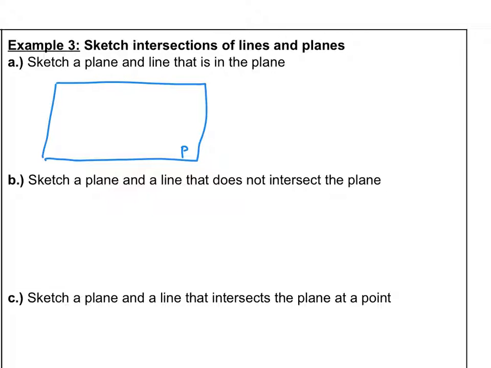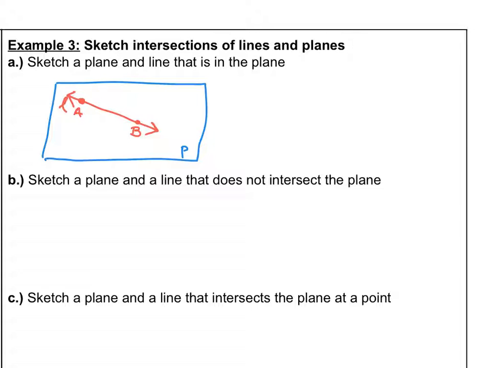And then a line that is inside the plane. To make it look like it's inside the plane, just make sure it falls inside the plane. To name a line, you can either use two points on the line, we'll call it A, B, or you can name it by a lowercase letter associated with that line. So line L. So that is a plane with a line inside of it.